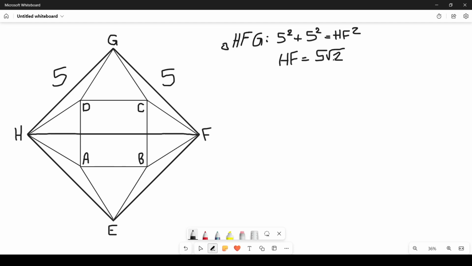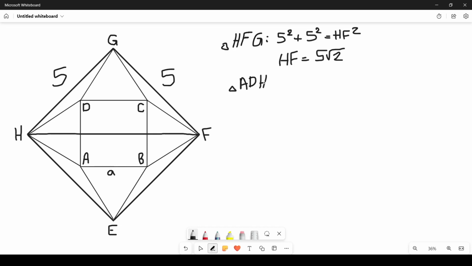Which is great, because now we're going to look at the HF side a bit more, because there are some interesting things about this. Now let's say that the side length of the small square ABCD is equal to a. And if AB is a, we can express the HF side using only a. How are we going to do that? Let's take the triangle ADH.